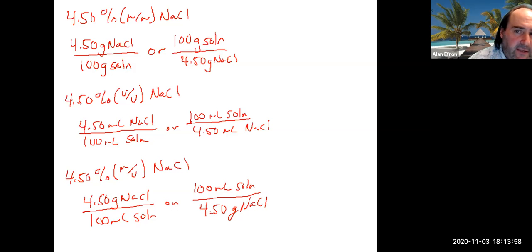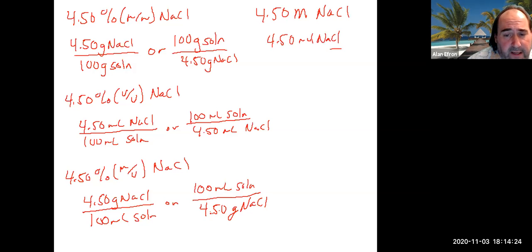So sometimes when you do these problems, it's easier to take a more dimensional analysis approach and use it as a conversion factor. You can see all the units canceling out. This is very similar to what we talked about with molarity. If you have 4.5 big M sodium chloride, you can say 4.5 moles of sodium chloride in a liter, or you could flip it around and use it like that.